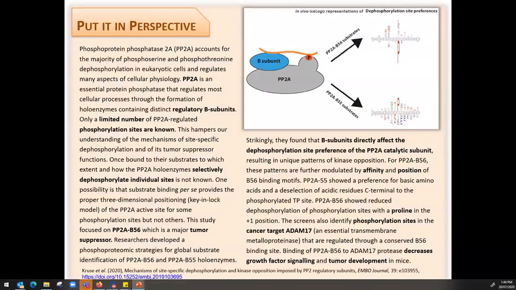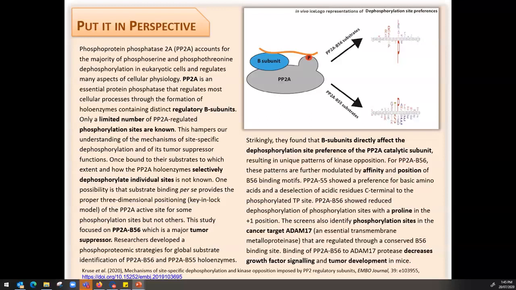And finally, let's put it all in perspective. The phosphoprotein phosphatase 2A accounts for the majority of phosphoserine and phosphothreonine dephosphorylation in eukaryotic cells. And we know that it contains regulatory B subunits that help to target it. However, there is a limited number of PP2A regulated phosphorylation sites that are known.